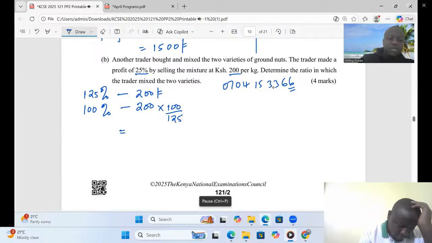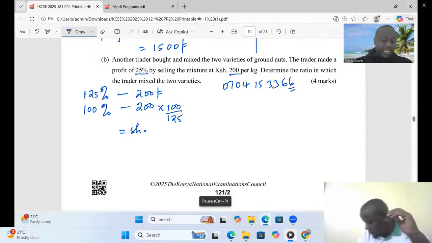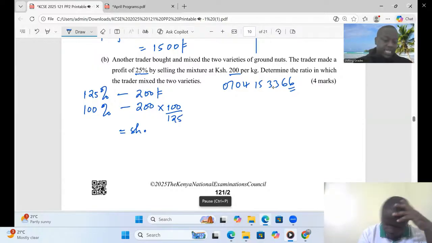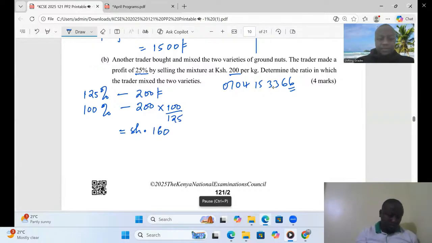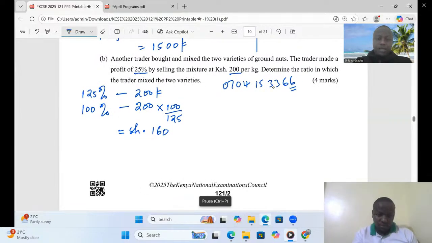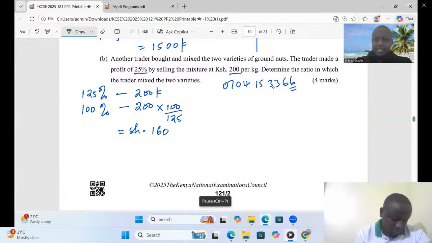What is the cost price of the mixture such that selling at 200 attracts 25%? This is exactly 160 Kenya shillings. So now the trader has already mixed, and the cost price of the mixture is 160 Kenya shillings.